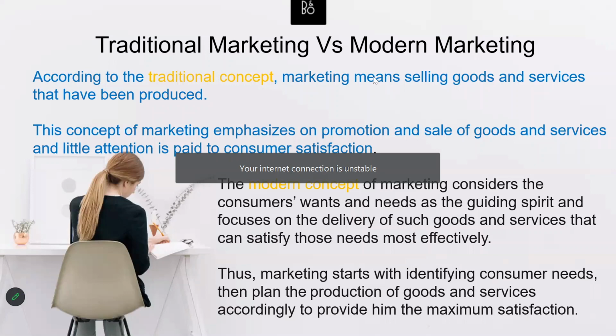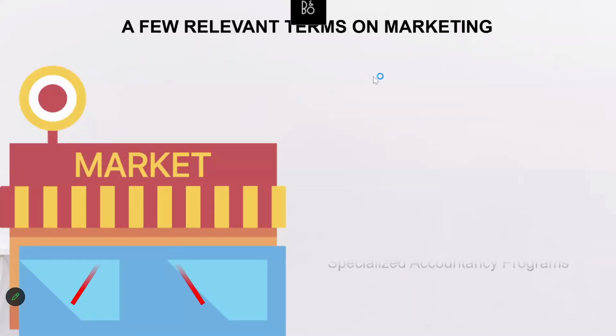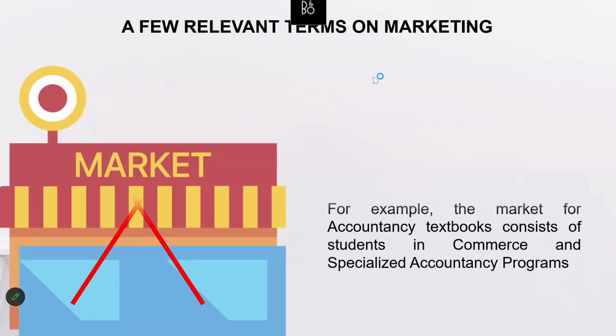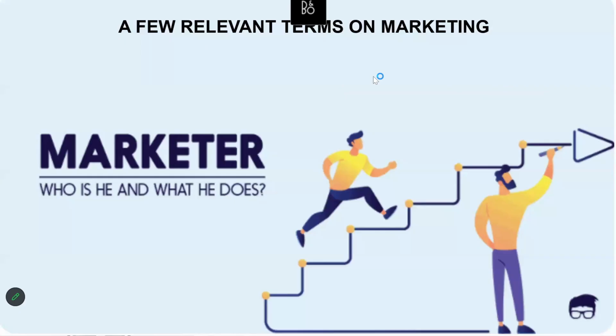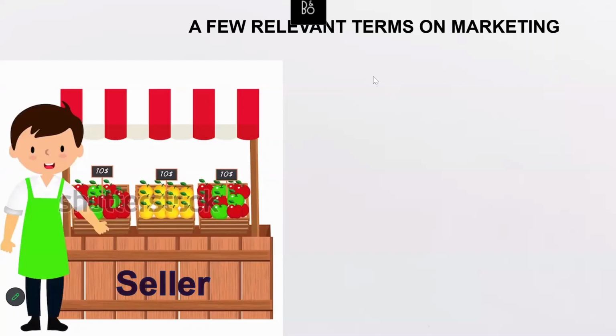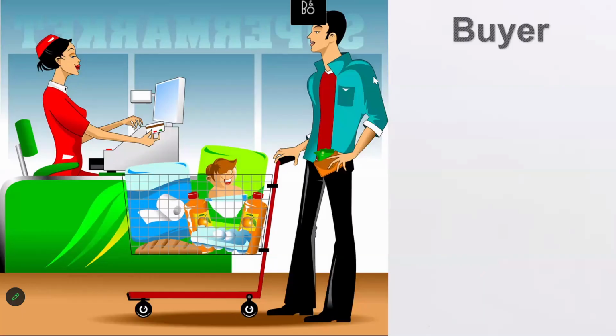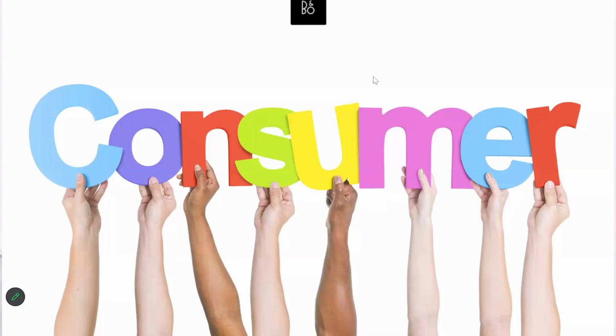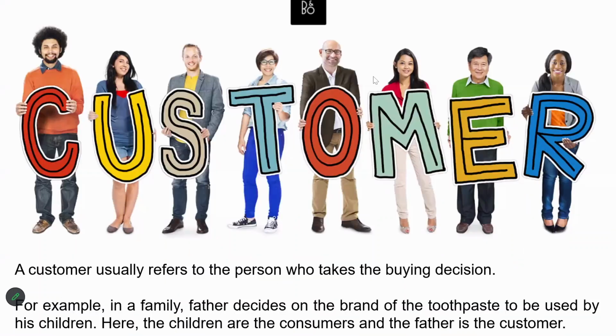You saw about market, marketer, seller, who is a buyer, who is a consumer, and who is a customer. You should know the definitions of these. You should be able to differentiate customer from consumer, buyer from seller, market from marketer. So you should know these definitions very clearly.